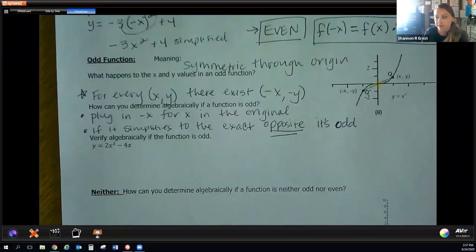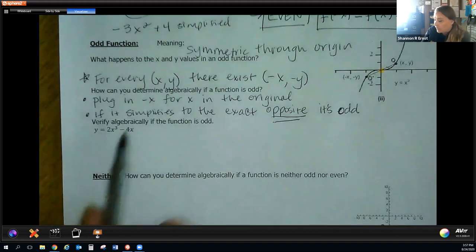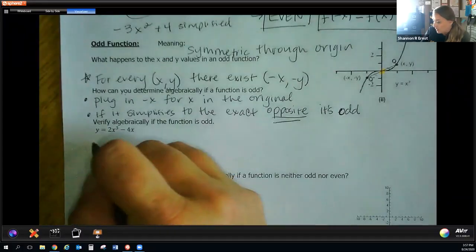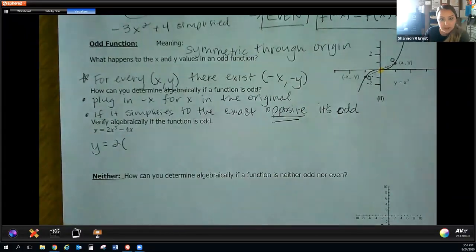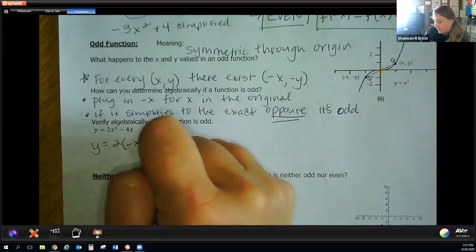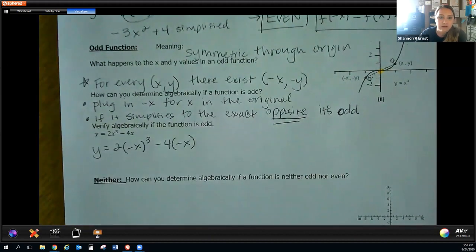So let's test it out. 2x cubed minus 4x. So we're going to first plug in negative x every place we see x. Y equals 2, plug in negative x. Minus 4, plug in negative x. So every time I plug in, I put it in parentheses.